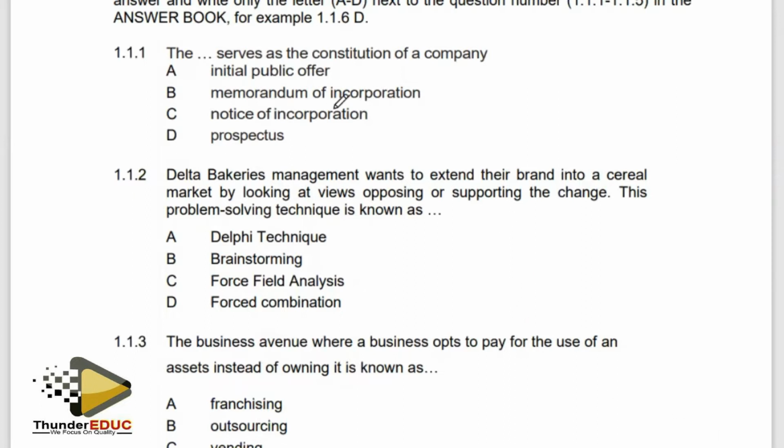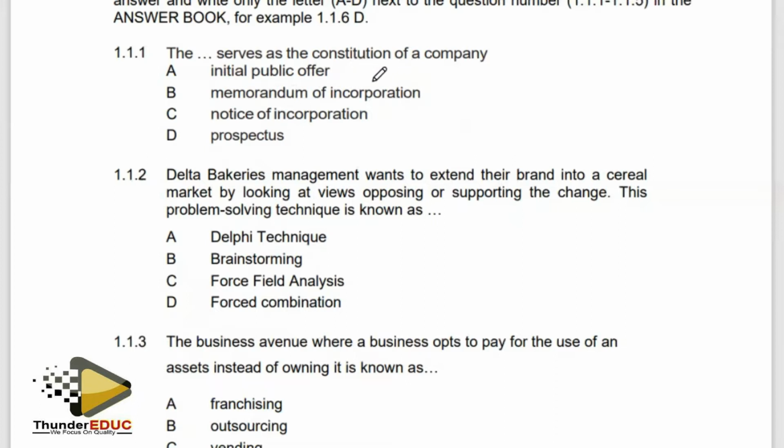Okay, let's look at this. For example, question 1.1.1 says, the dash serves as the constitution of the company. Yes, we are given alternatives. Like, for example, we have that the initial public offer serves as the constitution of the company.